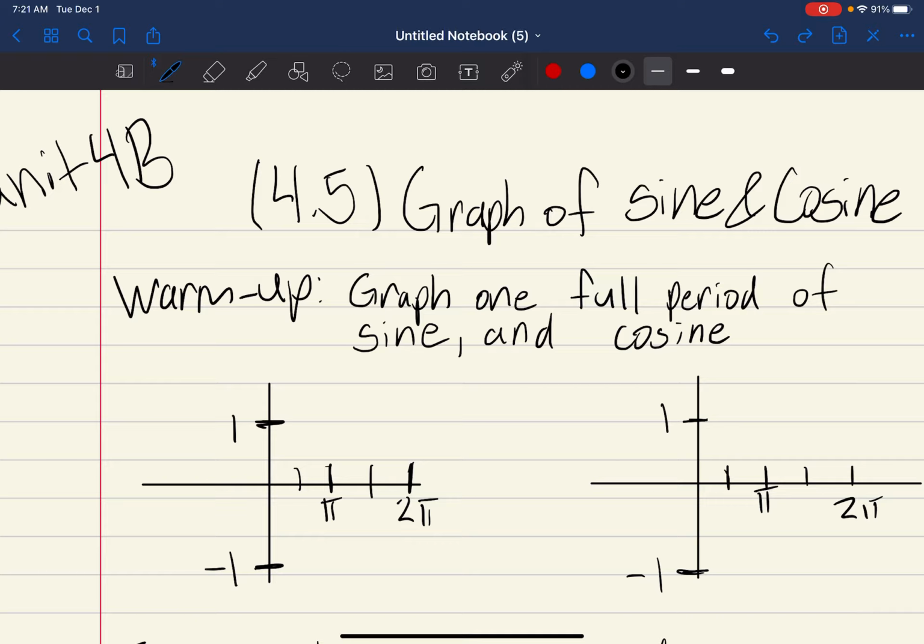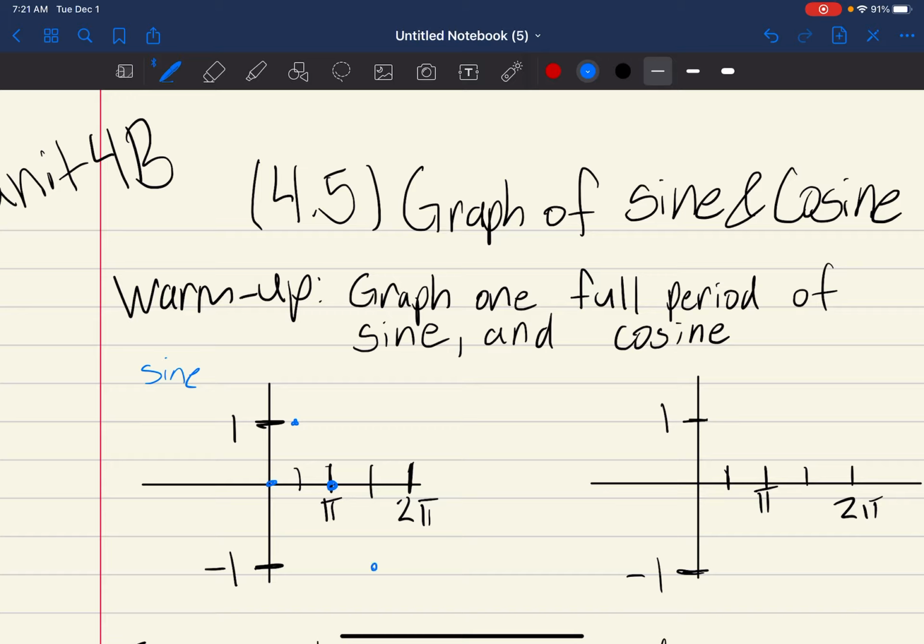And when you ask what is a critical point, we know the points for sine. Imagine this is our sine graph right here. At 0, it's 0. At pi over 2, it's 1. At pi, 0.